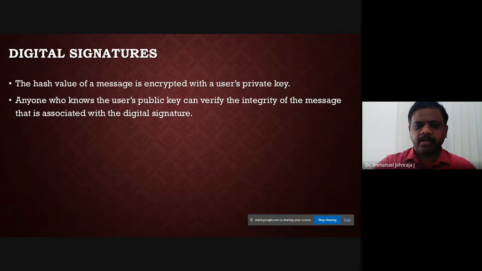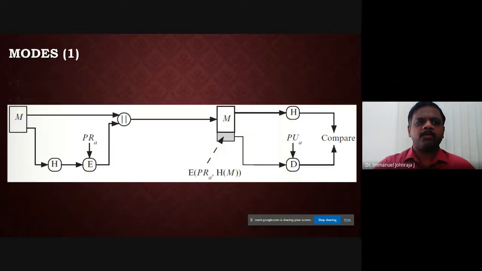Let's look at a mode or two of how they are useful here. Nothing critical here, but if you have understood the modes of operation for message digest, this is a walkthrough for you. You have your original message m, and the hash function is applied to message m.